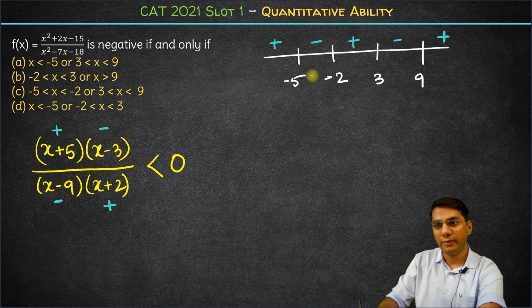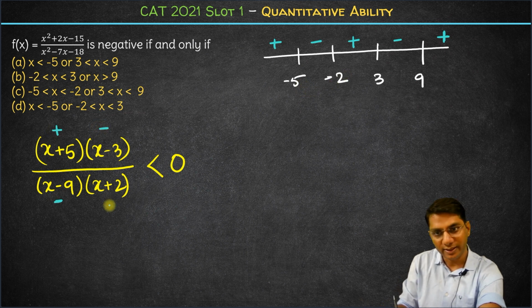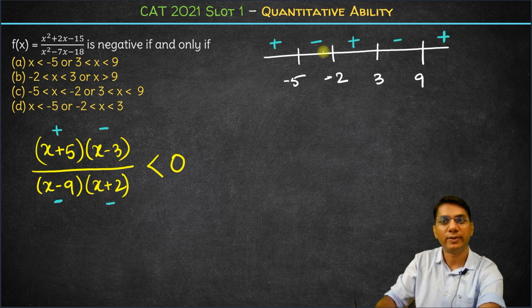Now if you consider the range from minus 5 to minus 2, this will be positive, this is negative, and this will also come out to be negative here. So positive is fine, negative upon negative will become positive, but you have one more negative sign here. That means the whole expression will become negative in this range.